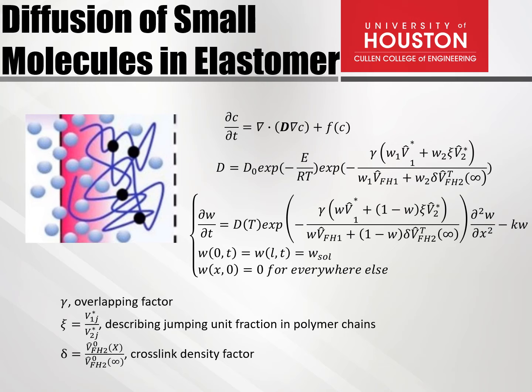By plugging in the modified diffusion coefficient and including the chemical reaction term, where we assume a first order reaction, which is close to most cases we were dealing with, we will have the governing equation that describes the diffusion-reaction process of small molecules in cross-linked polymers. By solving this initial value problem, we can derive the history of diffusion profile within the bulk polymers.